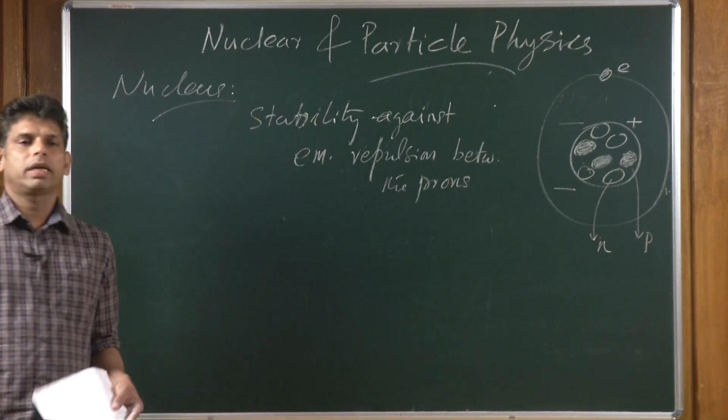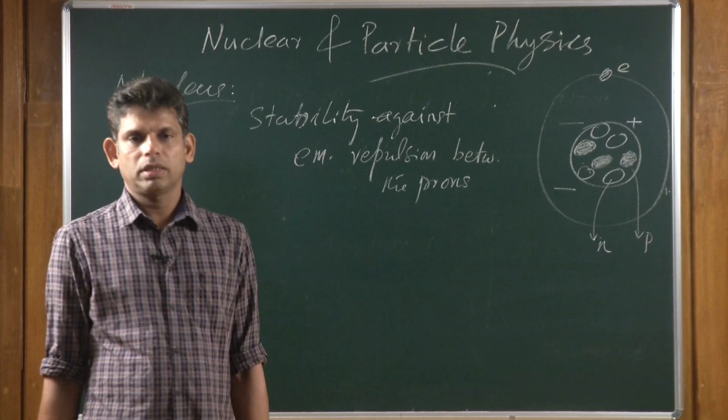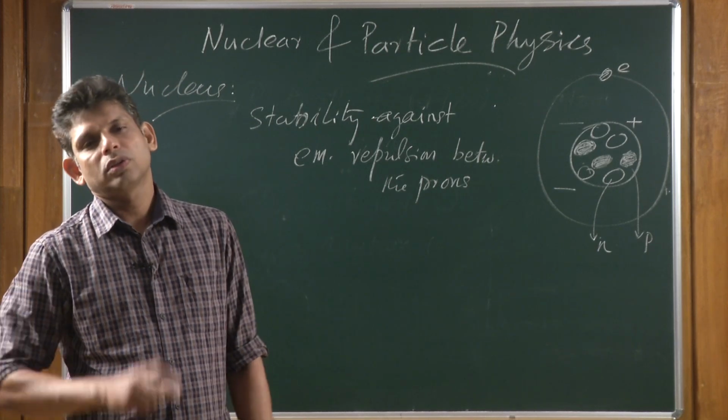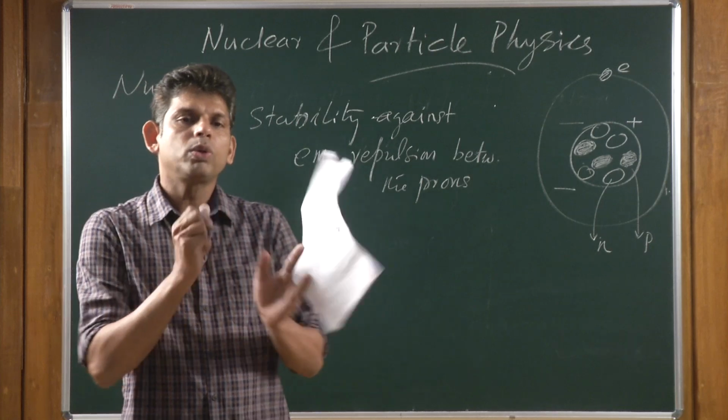Neutrons are there, but they are electrically neutral, they do not take part in these electromagnetic interactions. So, the protons will repel each other. So, how are they glued together?